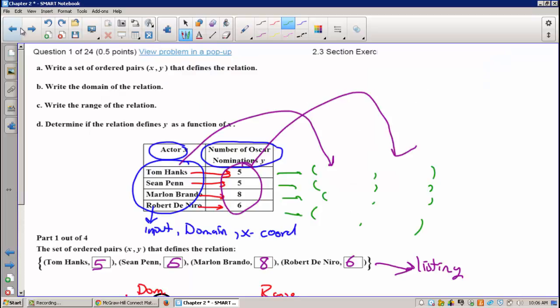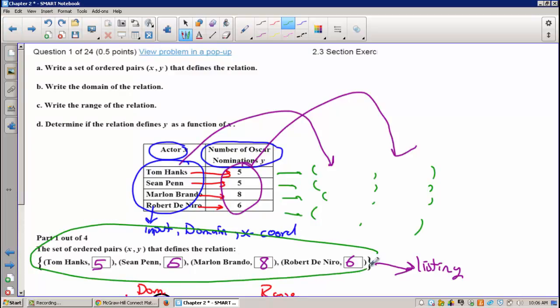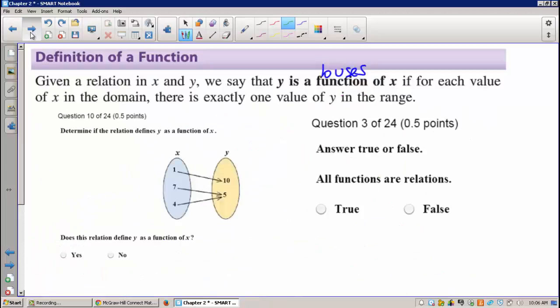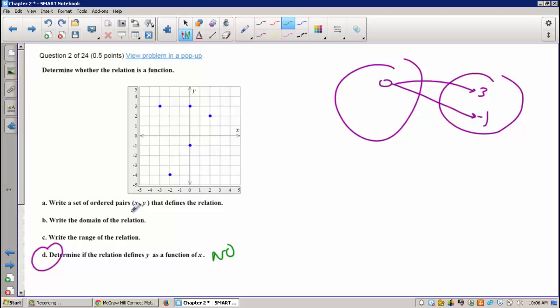You have to put it in a listing order this way, as ordered couples, okay? So how do I do this? You need to start off with this and you need to start filling these up. But how many parentheses are you going to make?